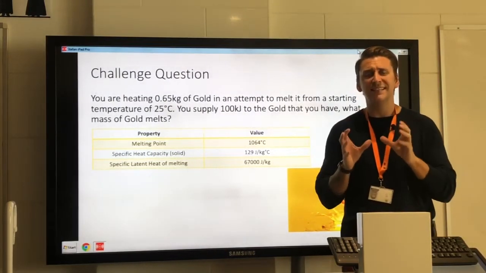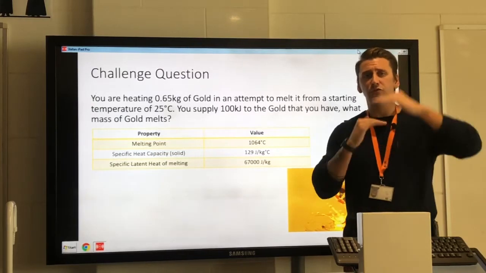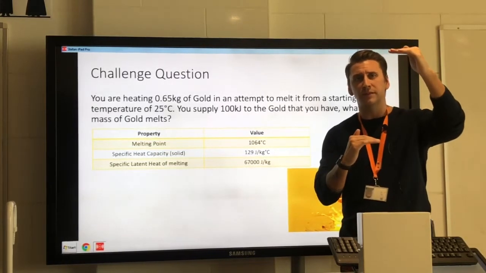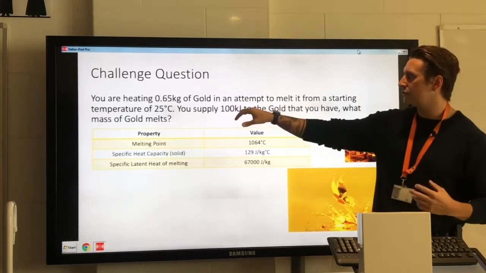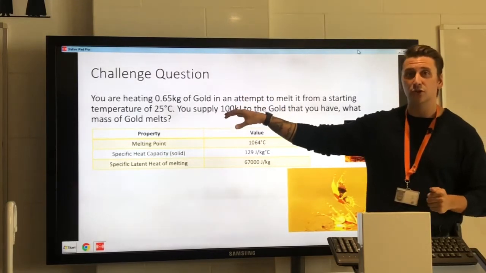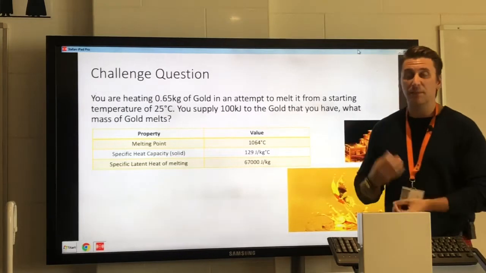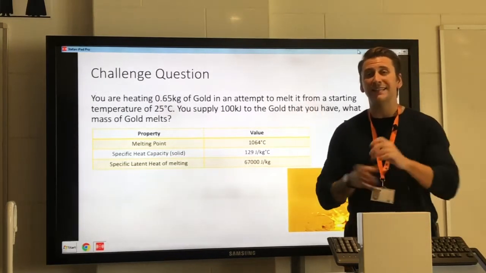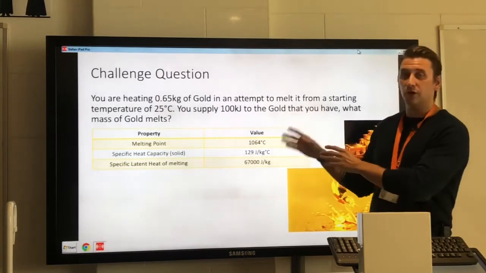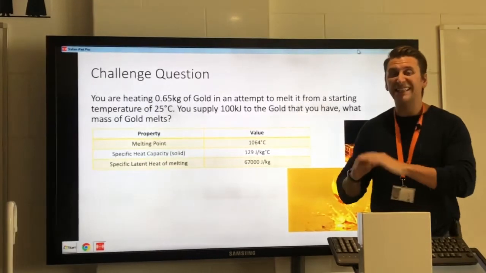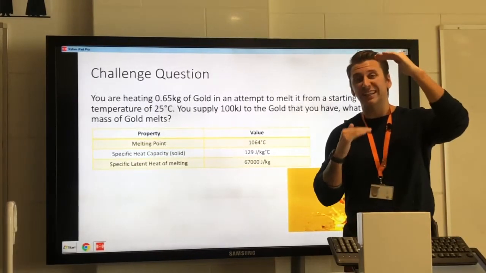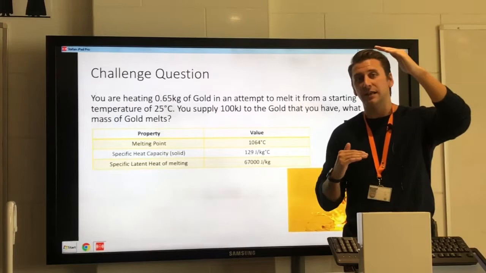So if it takes 87,000 joules just to raise the temperature of gold to the melting point, but I only have 100 kilojoules or 100,000 joules that I can transfer in total, then I've just used up 87,000 of my 100,000. So 87,000 was what it took me just to get it to melting point, to change the temperature.